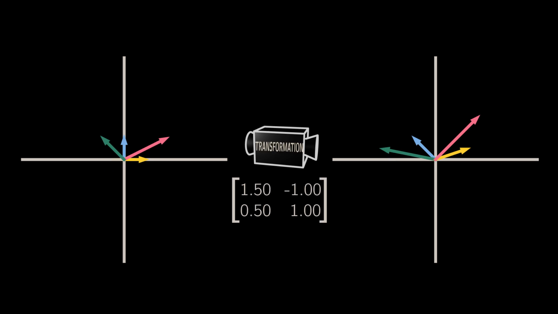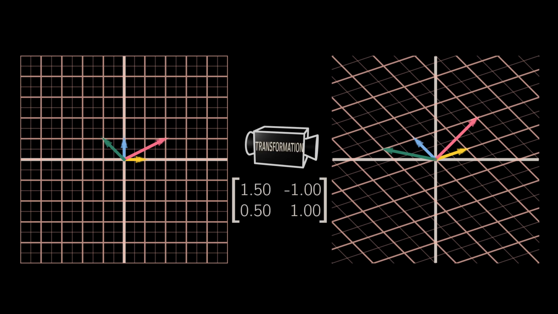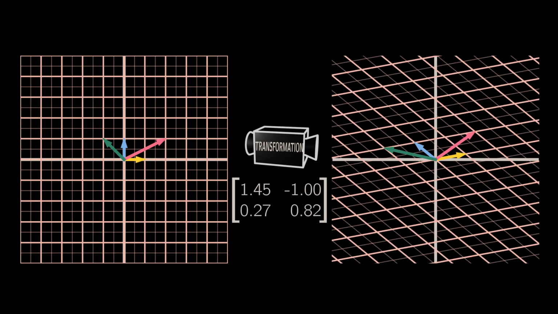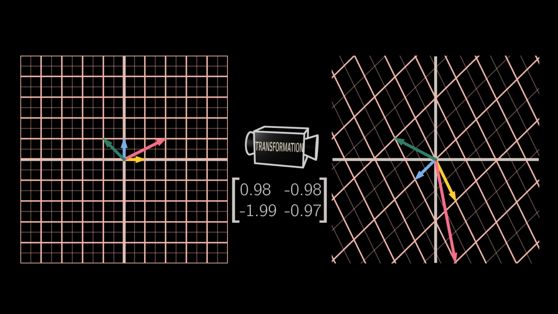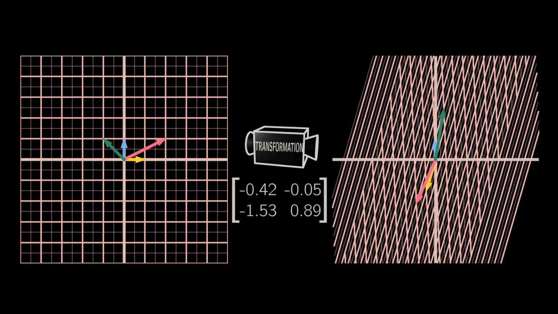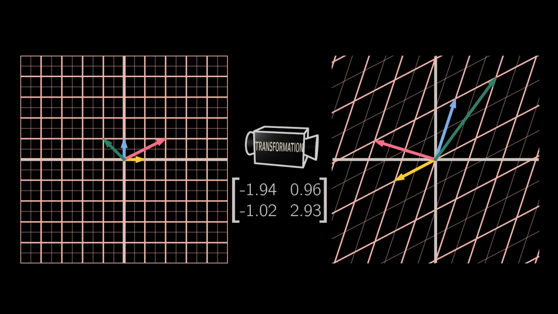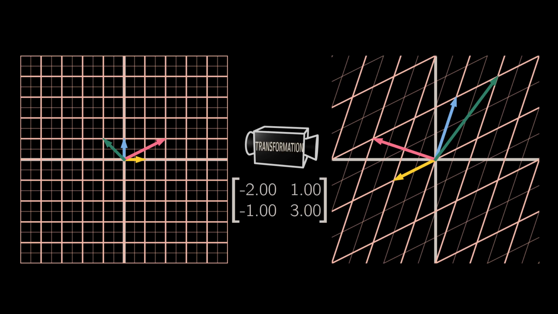In particular, we see the entire grid move along with the images of the basis vectors. We can choose our basis vectors freely to create any linear transformation we'd like.